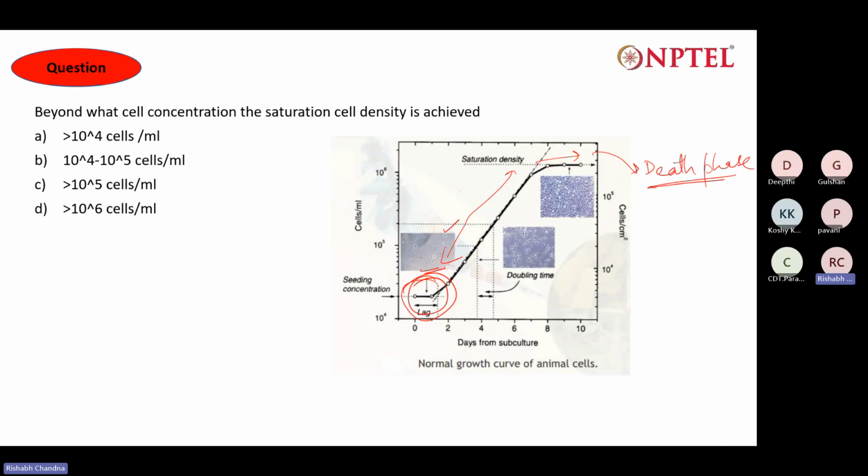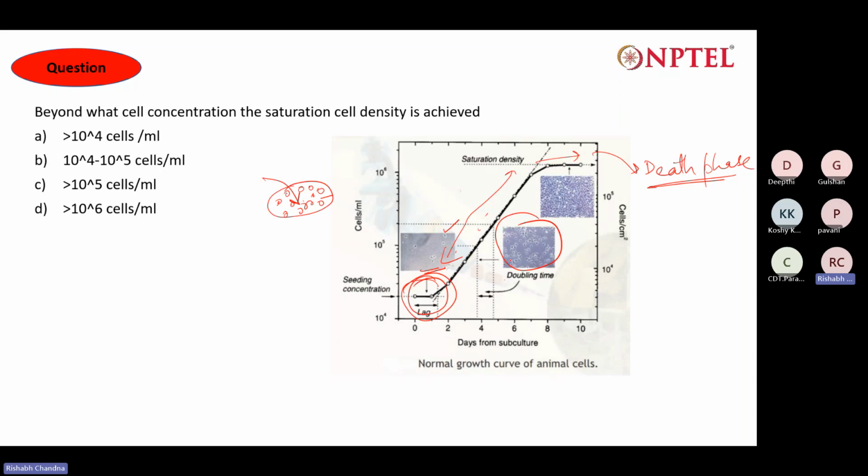So what does the lag phase mean here? When we passage cells, for example, this is the culture plate, we add the cells here. We allow them to stick to the plate and adapt to the conditions in the particular culture. Okay. Now, when they are adapted, they enter into the doubling phase or the log phase. So here they'll double their number and increase in number.